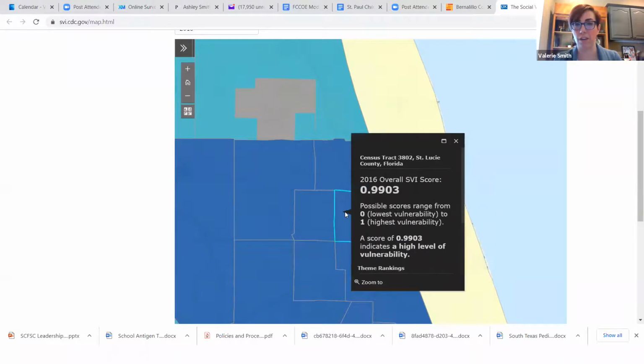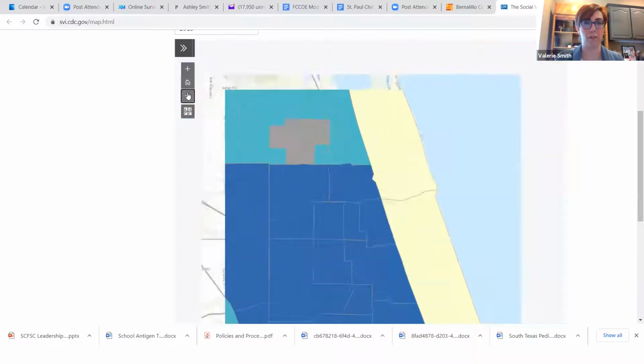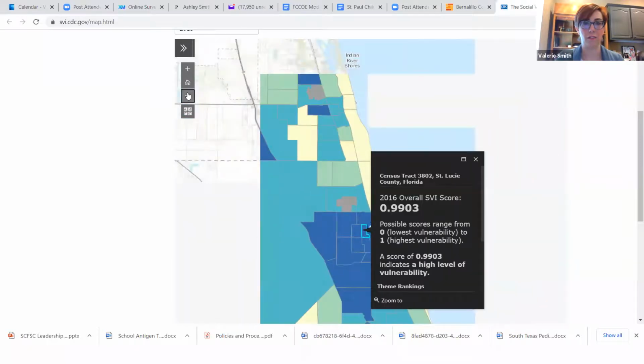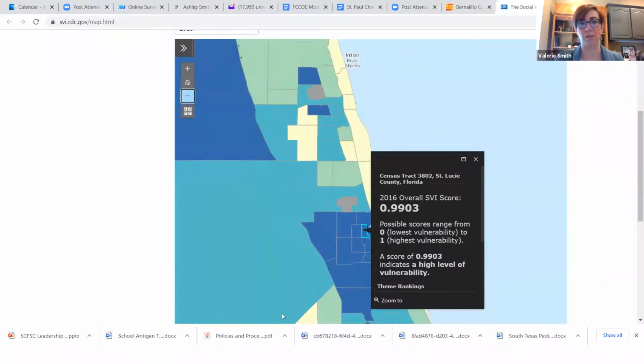You can also look at this next neighboring census tract and see, again, a very vulnerable area. Let's see if we can zoom out. So a very vulnerable area surrounded by a large moderate zone. Kind of interesting there.